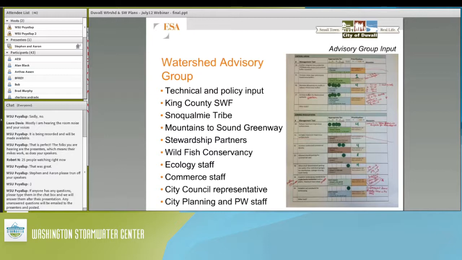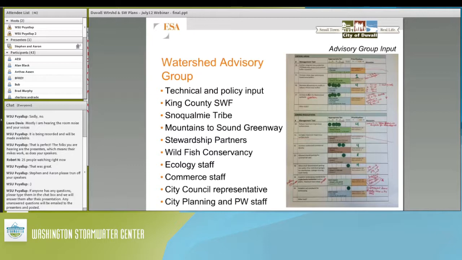As I noted previously, the King County Snoqualmie Watershed Forum was a very effective and very helpful resource for the city and for the consultant team in thinking about implementation of watershed planning and the implications of policies and recommendations that were being considered.